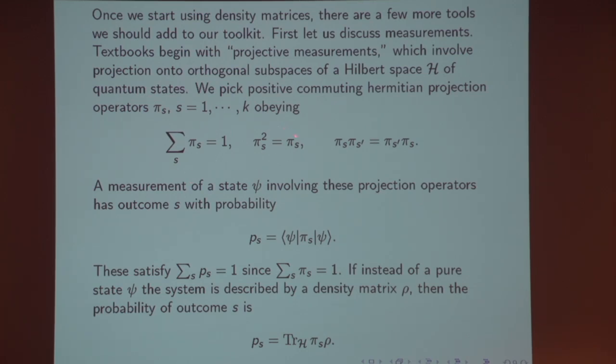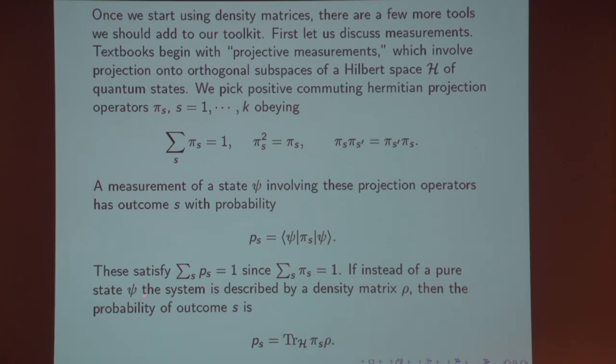Well, this just says that they're projection operators, and this says they commute. So in a classical measurement, or what's called a projective measurement, you have a bunch of commuting projection operators that add up to 1. A measurement involving these projection operators has outcome s with probability p sub s. The probabilities add up to 1 because the projection operators add up to 1.